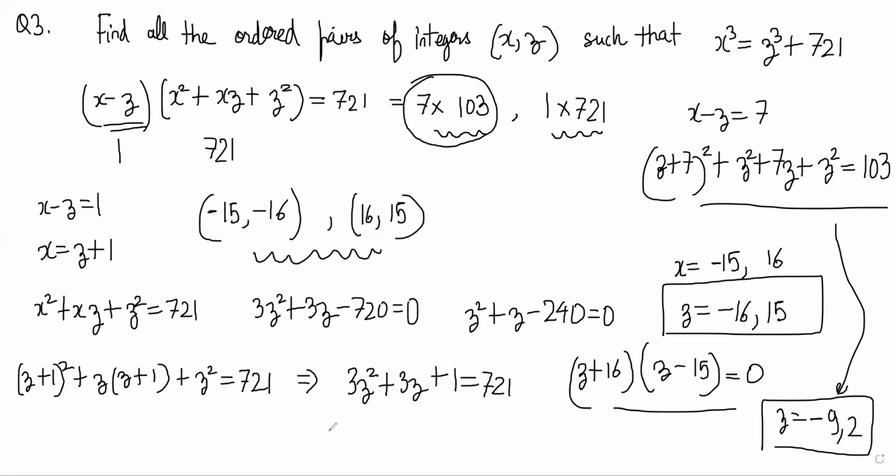That means that the term x squared plus xz plus z squared must be greater than x minus z. Because there are other cases like x minus z is 721.